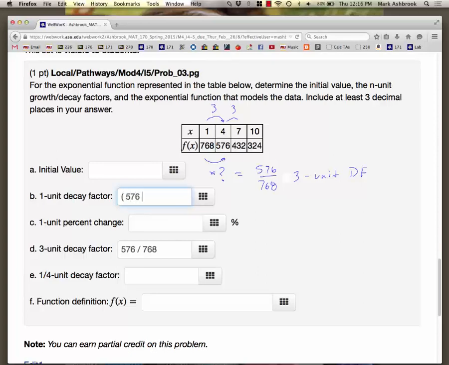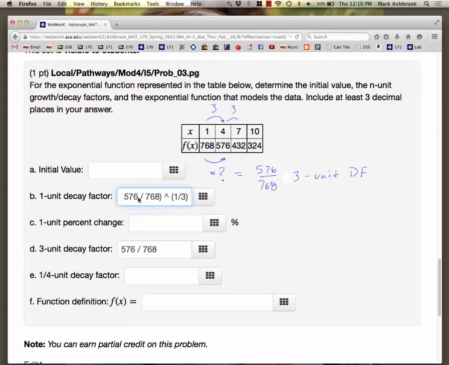Yep, we've worked that out several times, why that works, and we earned our right to do this. If you've got a 3 unit decay factor, the 1 unit decay factor will be the 3 unit decay factor to the 1/3 power, or the 1/3 root of the 3-unit decay factor.